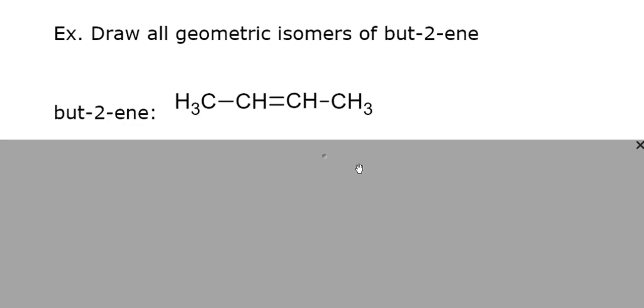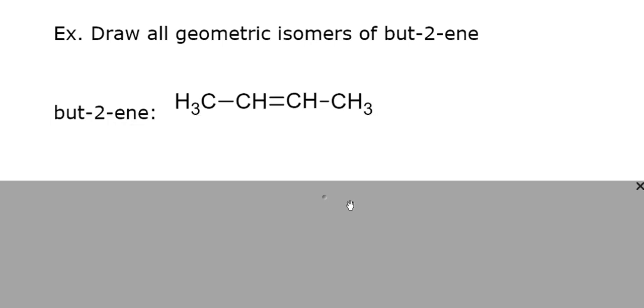Let's look at an example with but-2-ene. So the way we've been drawing alkenes so far looks like this. Straight chain, not really showing any of the bonds in the correct geometry. But what we're interested in is looking at these carbons here, the ones that share the double bond.